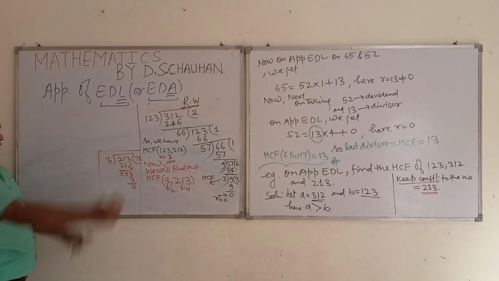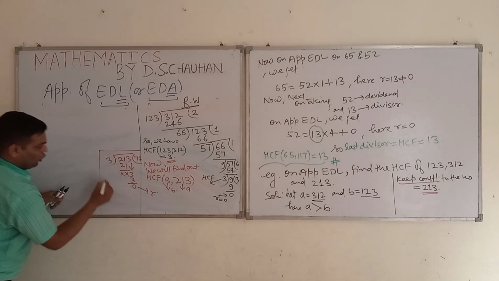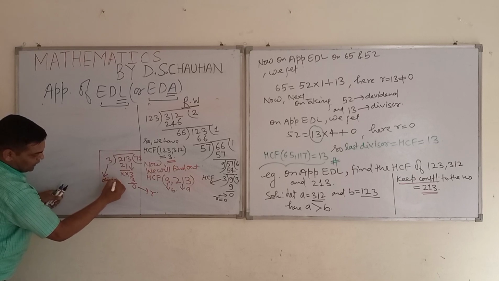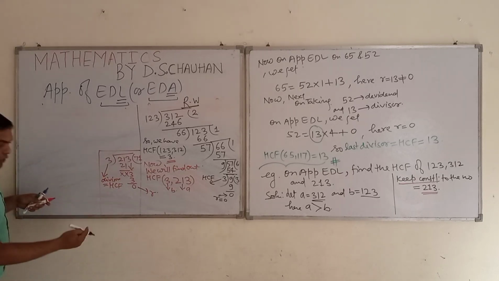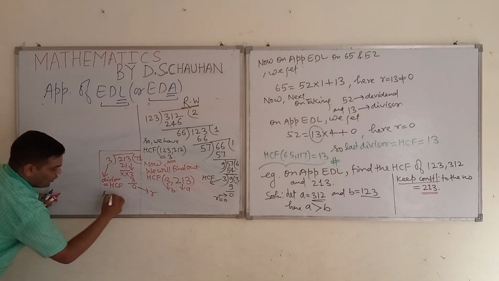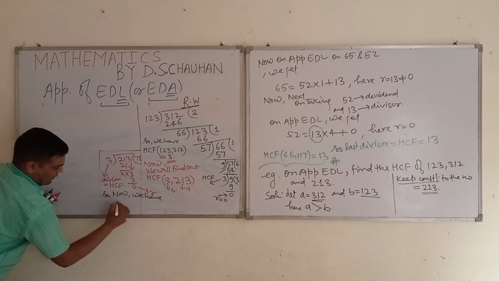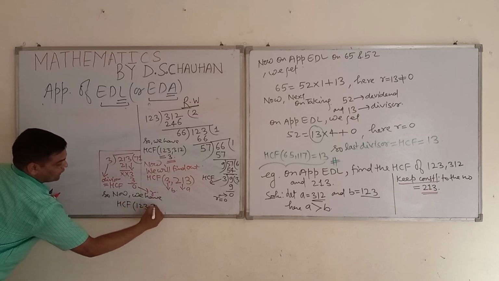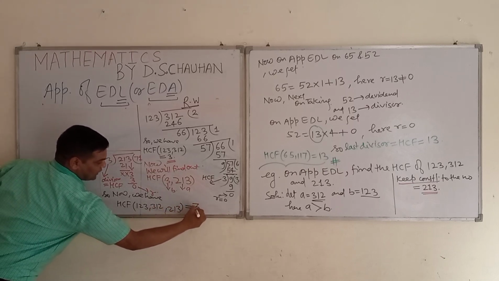It is 0 simply. So here the remainder is 0. So this is the divisor, and this divisor will be the HCF. So students, now we have the HCF of 123, 312 and 213. It is how much? 3.